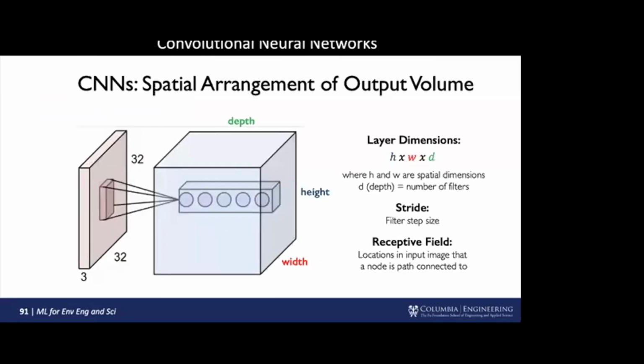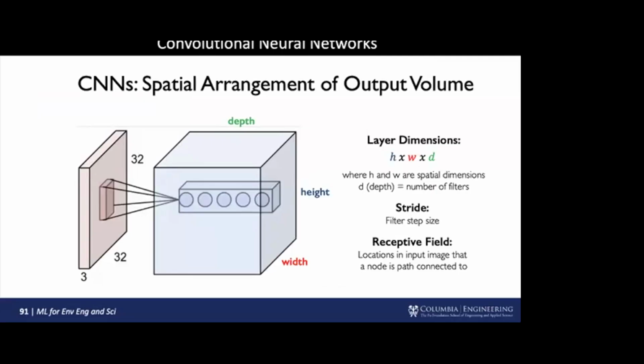Now this slide shows how we think about the output of a convolutional layer. The output is not just a flat vector. Instead, it has three dimensions: height, width, and depth. Height and width are the spatial dimensions. It's easy to understand, right?